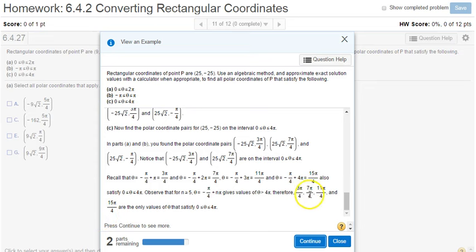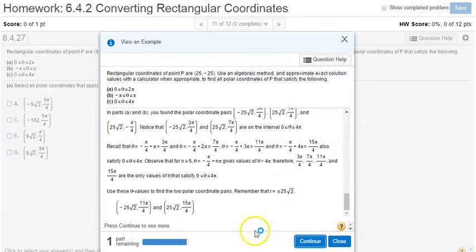And then again, we have to make sure that we pair them with the right r values to make sure that they are landing in the correct quadrants, because we have a coordinate in the fourth quadrant. So if you're using the two values, positive 25 square root of 2 and negative 25 square root of 2, just make sure that you have the positive ones with the angles that are already in the fourth quadrant, and the negative r values with the ones that are showing in the second quadrant.